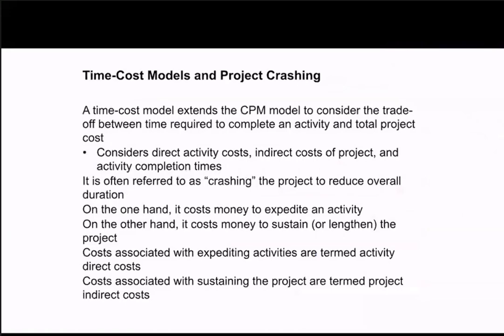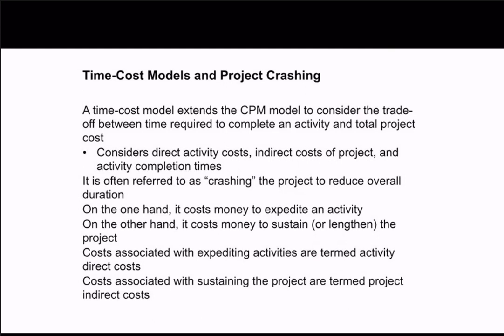The next thing I want to introduce is the time cost model and project crashing. Sometimes if we consider the detailed time and the cost, we know that if you want to reduce the time, you may need to increase the money. For example, if the activity should be done in 5 days and because of the requirements you need to complete it in 3 days, then you may need to hire more employees and put in more inputs so that you can reduce the time.